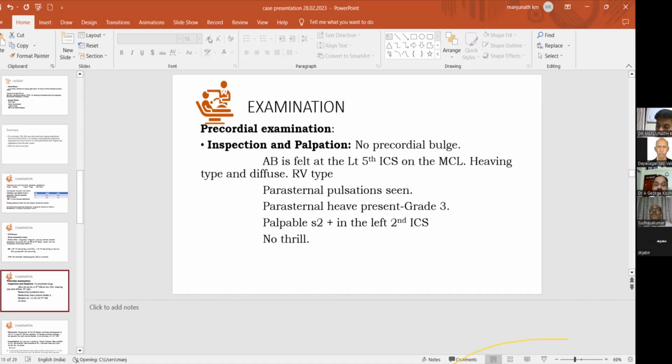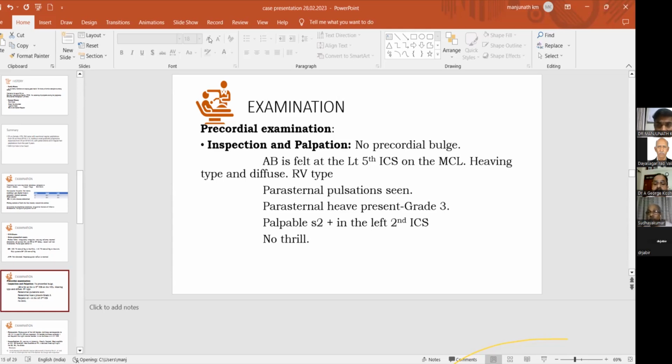When does RV contribute or form the apex? What should happen to the RV to occupy the apex? It should dilate. When it dilates, either because of ventricular dysfunction or volume overload, it should be displaced.